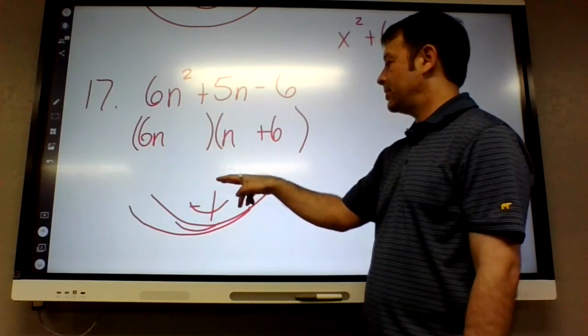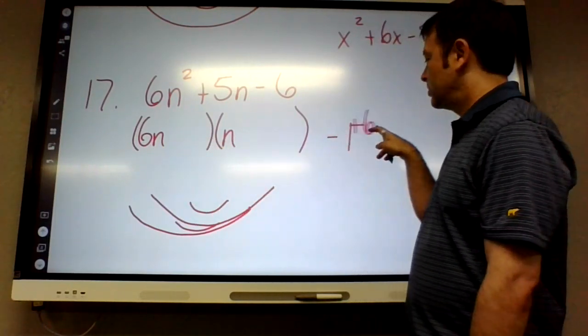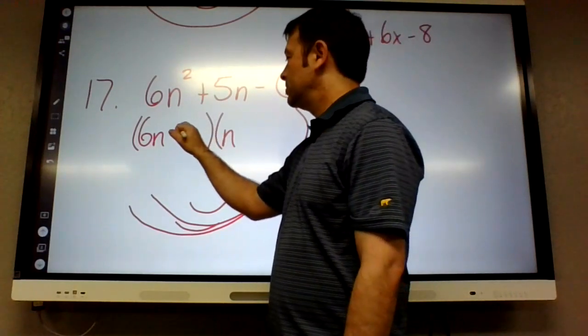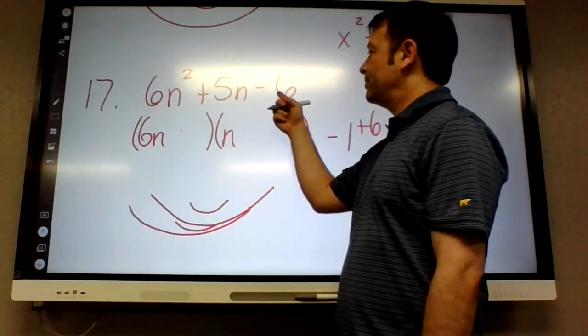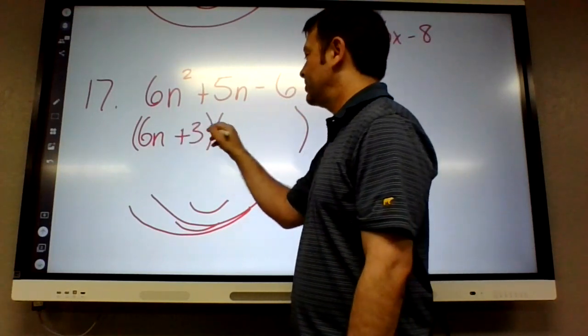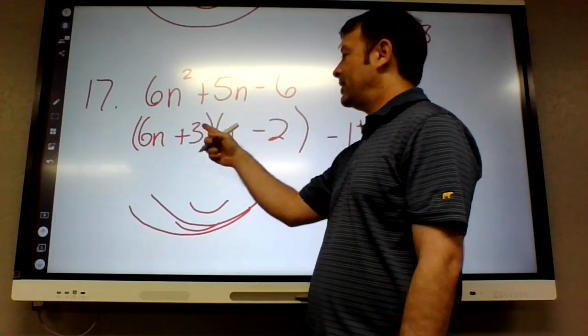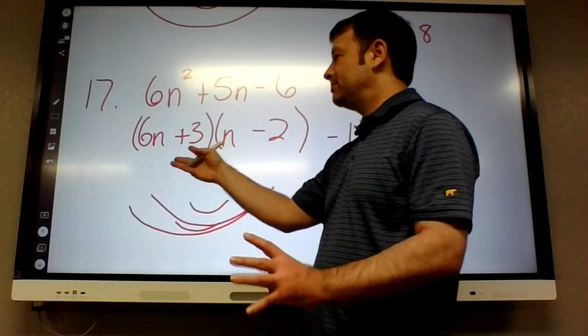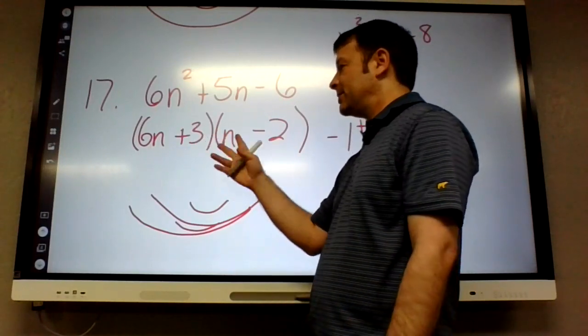What else might work right there? Okay, 3 and 2. One of them would have to be negative though to multiply to -6. I'm just guessing. It doesn't really matter. If I got the negative backwards, you'll still get pretty much the right answer. You just have to flip it.